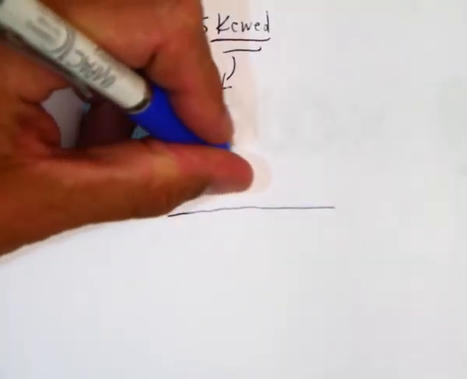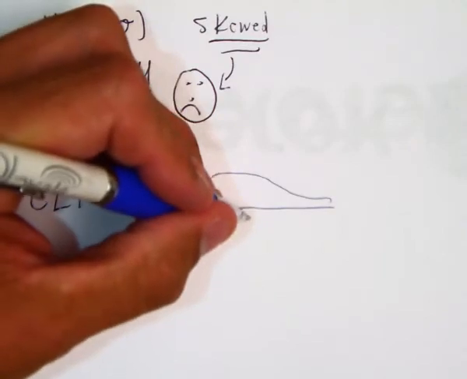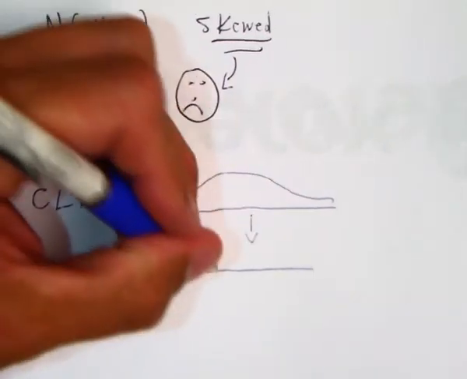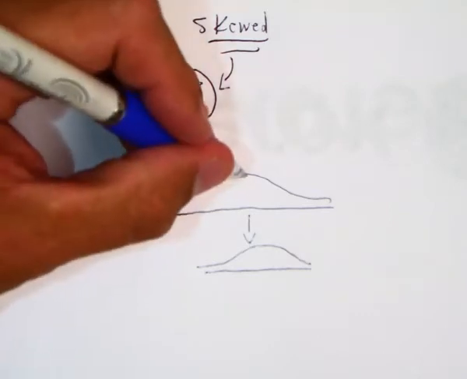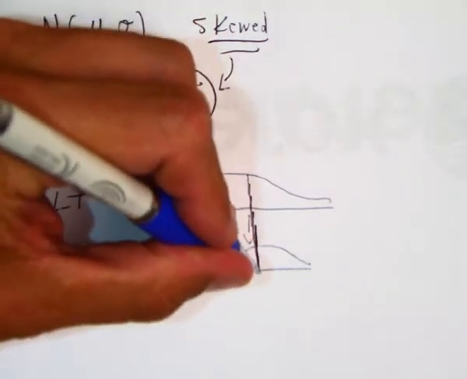So we know we've got skewed and a large enough sample, we're going to get a symmetric distribution with approximately the same mean, right?